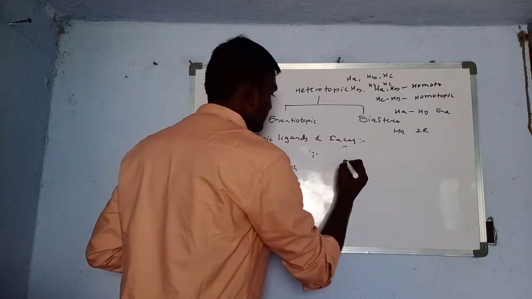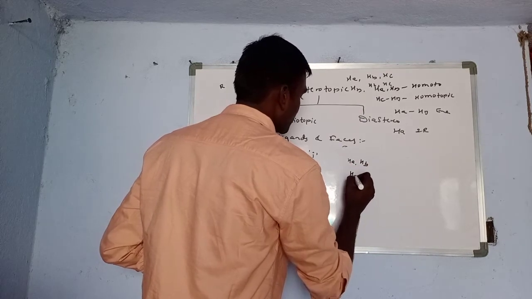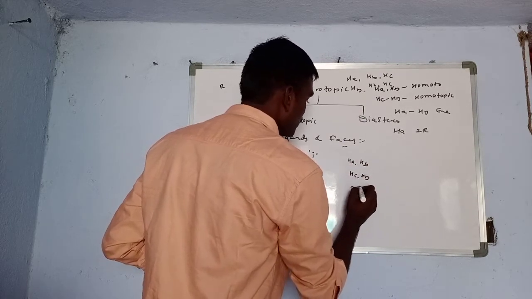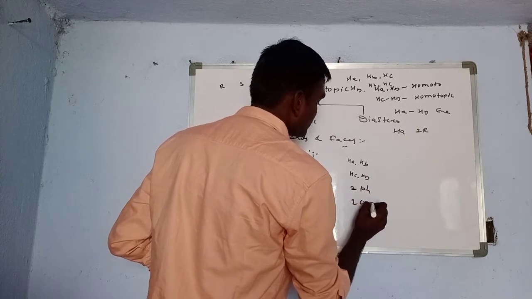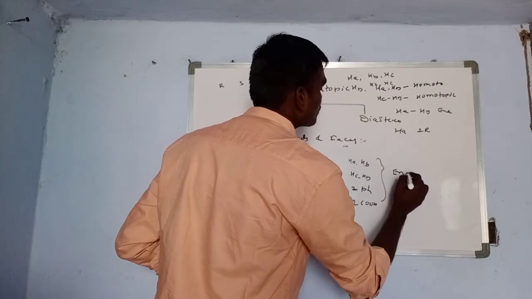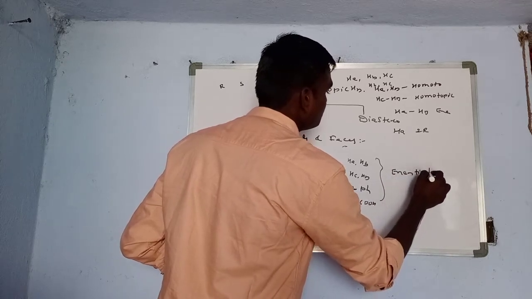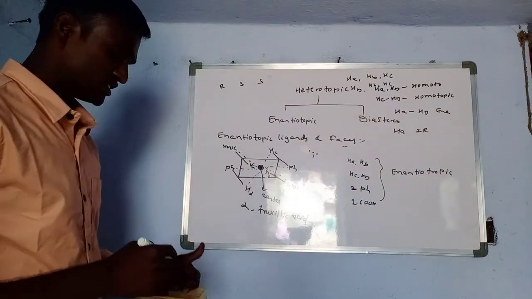So here I will write: HA, HB are enantiotopic, HC, HD are enantiotopic, two phenyl groups are enantiotopic, two acid groups are also enantiotopic. These are enantiotopic in nature.